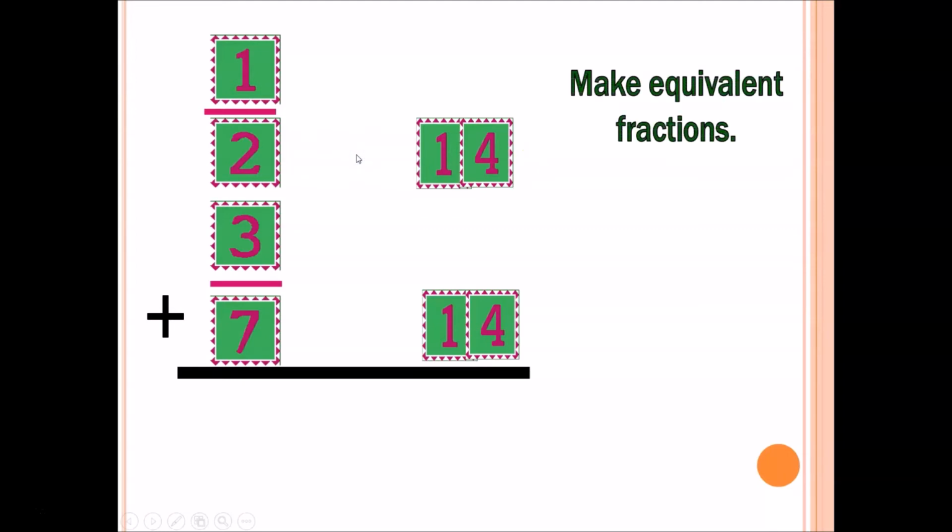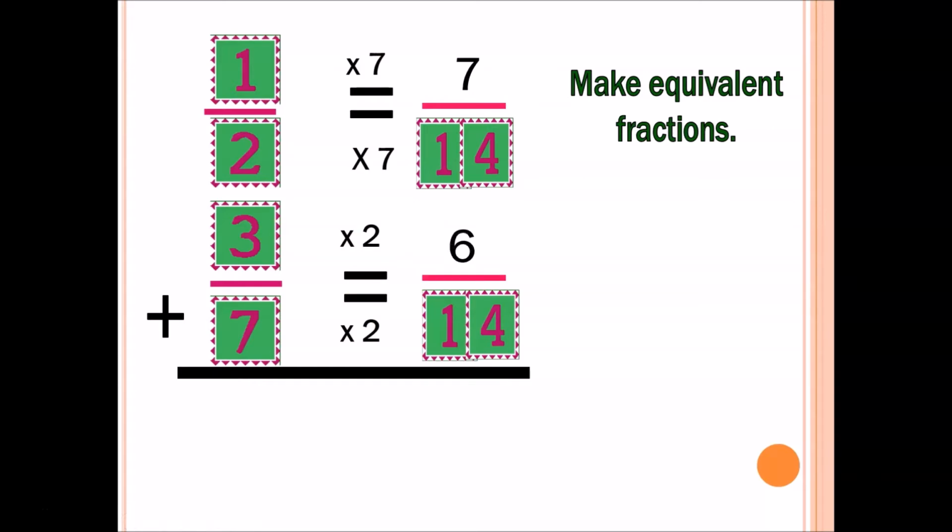Therefore, we have to multiply the top by 7 as well. So 1 times 7 is going to be 7. And for 3/7, since we need to multiply 7 by 2, we have to multiply 3 by 2 as well. To keep the value, we're simply multiplying them by 1. 2/2 is 1, 7/7 is 1.